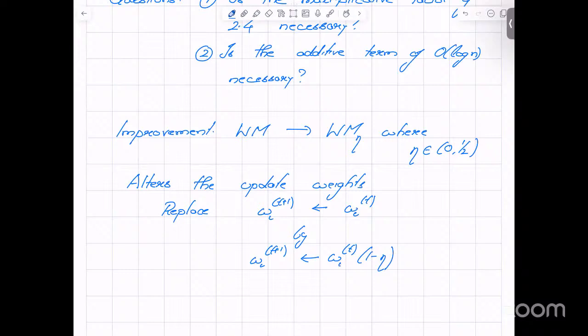You're going to ask me why I'm doing eta and not 1 minus eta. It doesn't matter for now. We're going to think of eta as small. Okay.